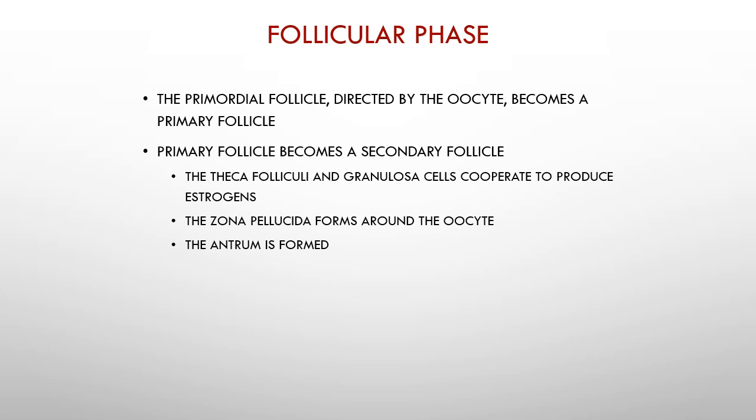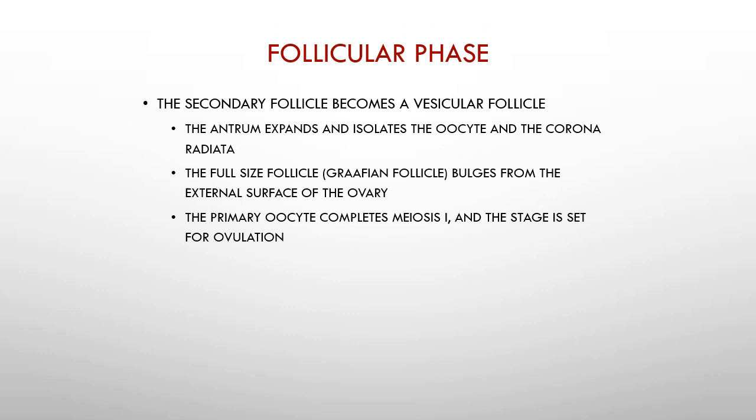Those layers are a combination of cells that surround the oocyte themselves: the theca folliculi and the granulosa cells. Those are surrounding the cell. We have the zona pellucida around the cell itself as well, and this is now starting to form the open space of the antrum.